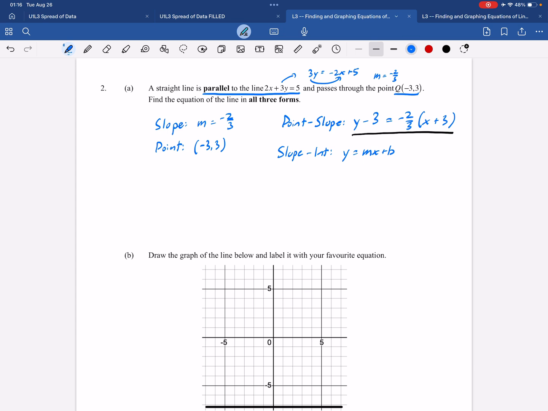So this is going to turn into y equals negative 2/3 x plus, that's going to be negative 2, right? Because negative 2/3 times 3/1, the 3's cancel, we get negative 2. So actually, plus negative 2 is kind of ugly notation, so I'm just going to write it as minus 2.